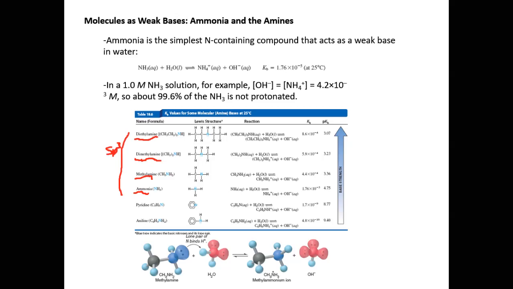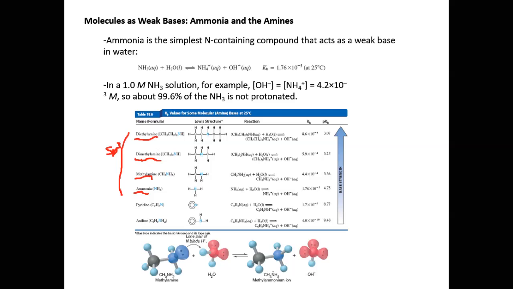Now the difference between ammonia, methylamine, dimethylamine, and diethylamine is that we're adding more what? More alkyl groups. Alkyl groups are electron donating groups. They're going to pump more electron density into that nitrogen, making it more negative. So that's why diethylamine has a lower pKb than dimethylamine.